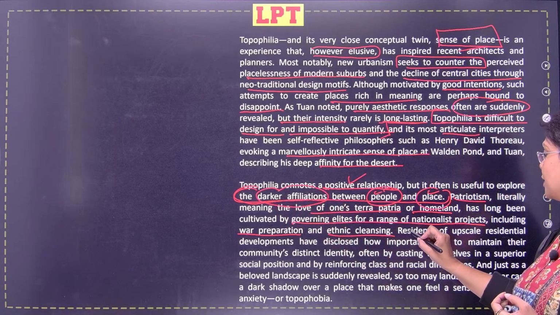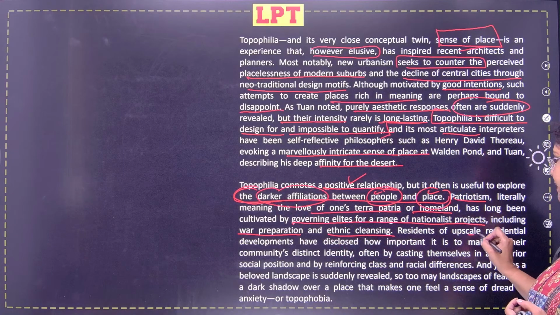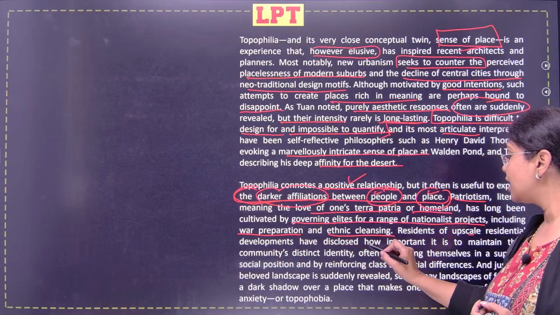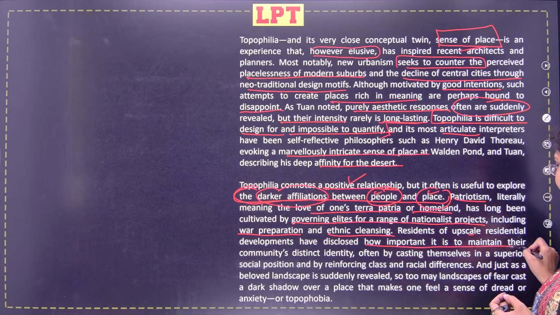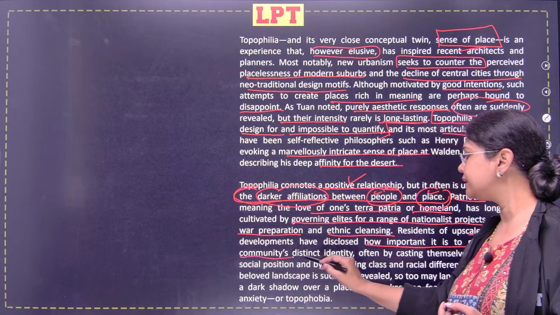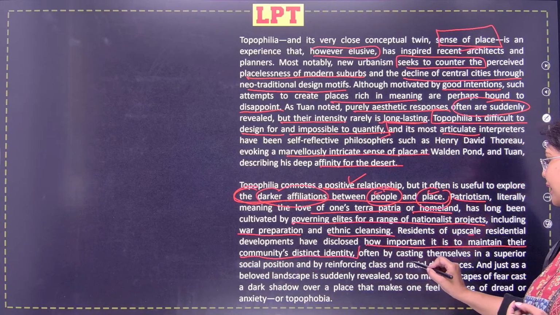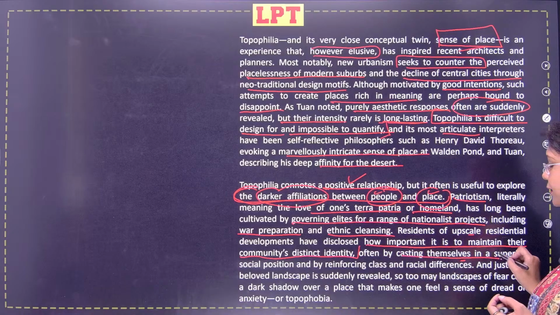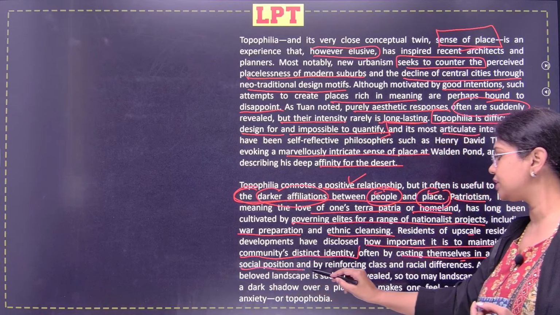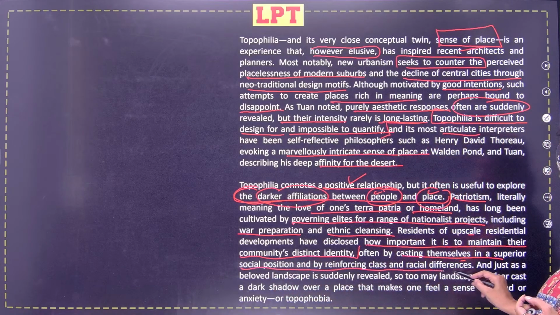Now it says residents of upscale residential developments have disclosed how important it is to maintain their community's distinct identity, often by casting themselves in a superior social position and by reinforcing class and racial differences.